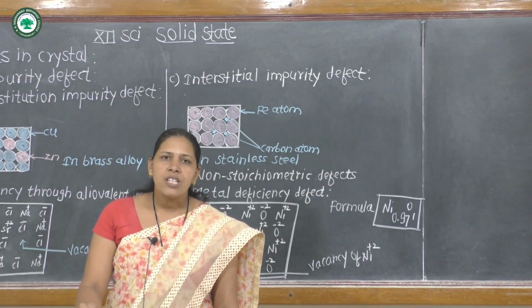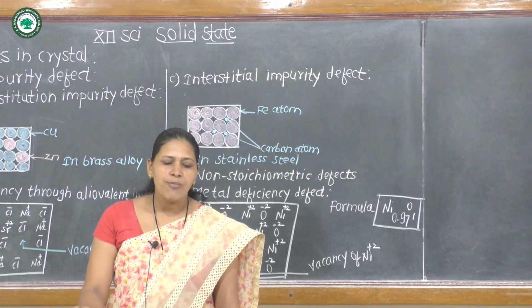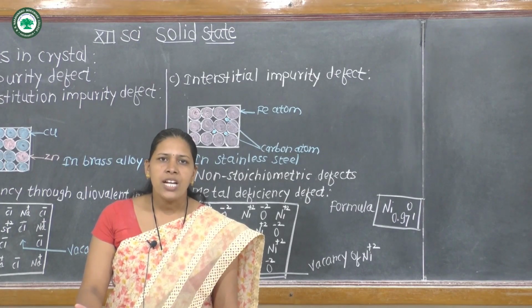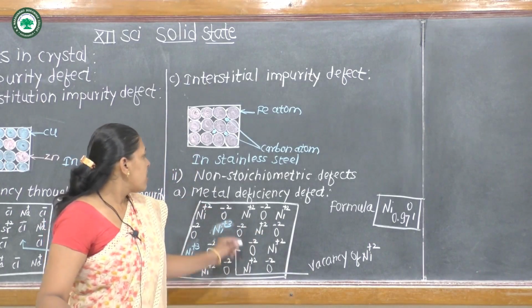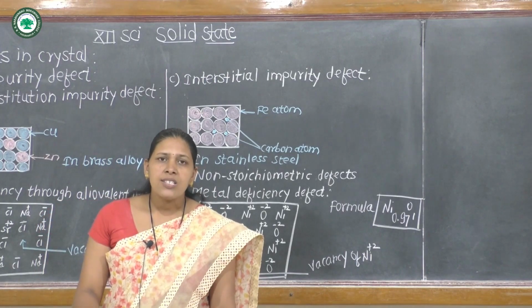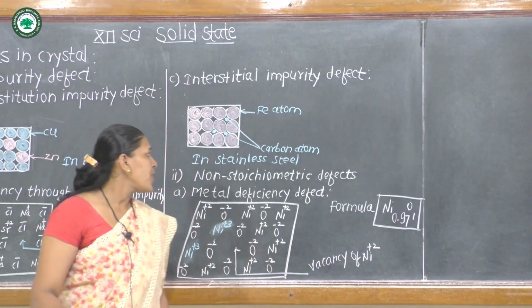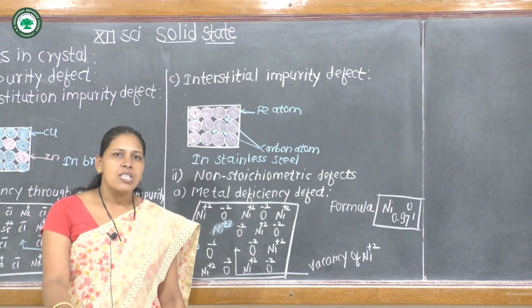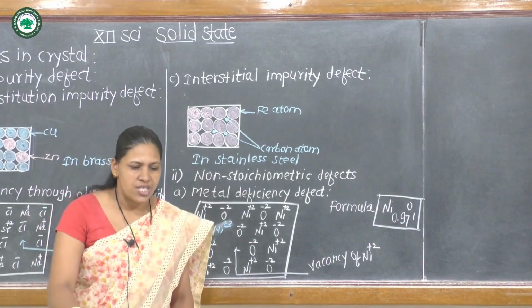In short, the stoichiometry of the chemical compound undergoes some change. It is important to note that in a non-stoichiometric defect, the crystal structure does not change. This is a very important point. Here the chemical formula of the compound is changed, but the crystal structure does not change.